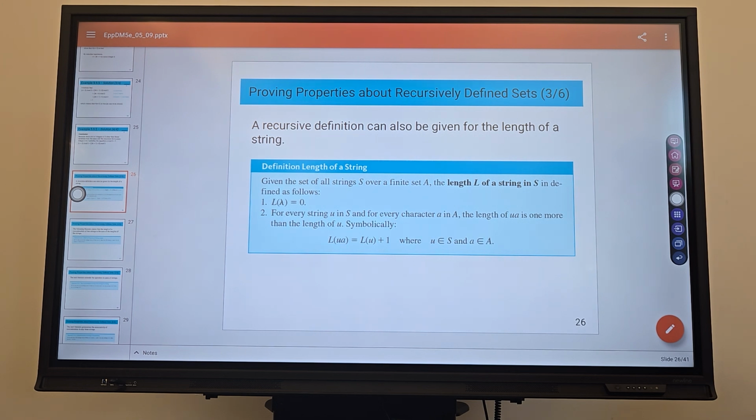For every string u in S and for every character a in A, the length of ua is one more than the length of u. Symbolically, the length of ua equals the length of u plus 1, where u is an element of S and a is an element of A.